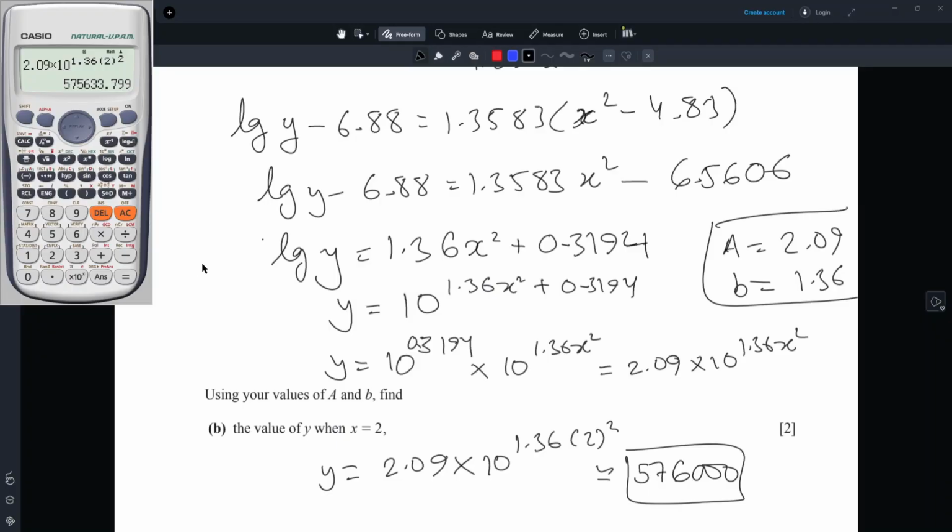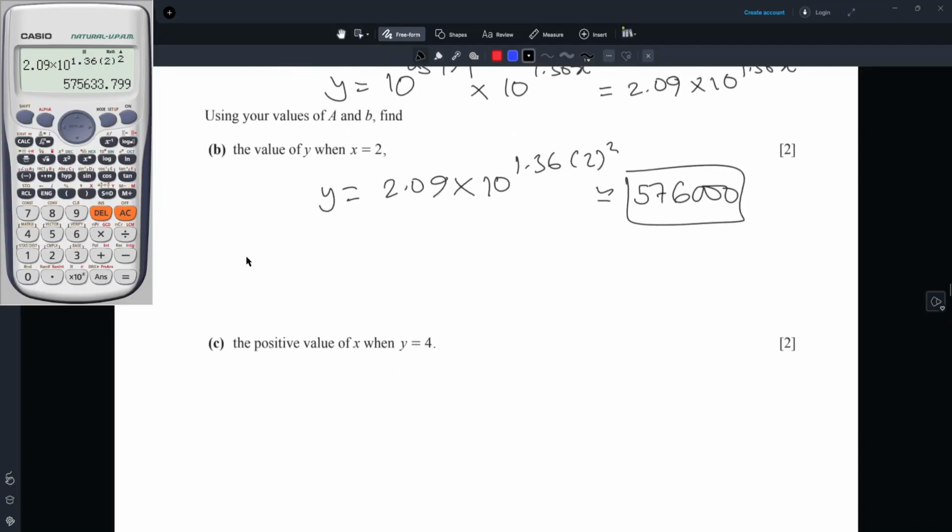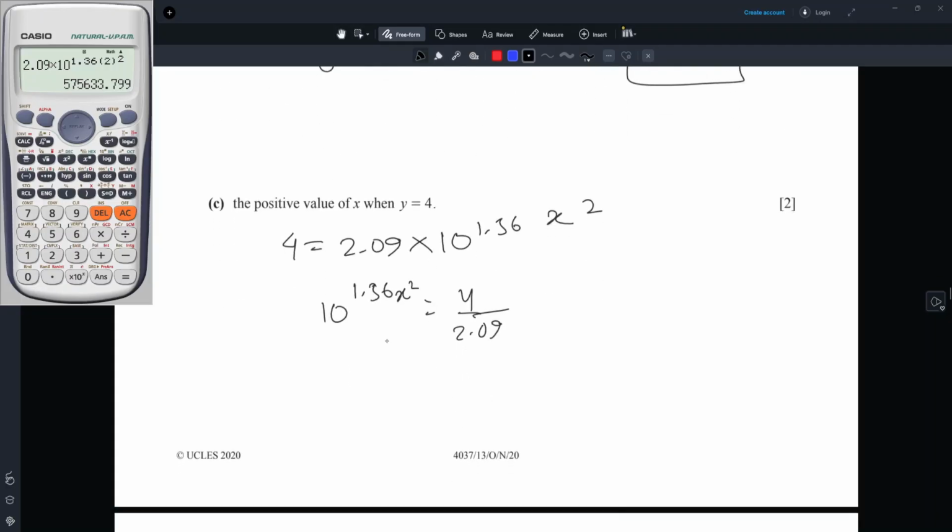Okay, next, the positive value of x when y equals 4. So I have 4 equals 2.09 times 10 to the power 1.36 x squared. So I get 10 to the power 1.36 x squared equals 4 over 2.09. Now you have to do the opposite thing. Exponent becomes logarithm. 1.36 x squared equals lg 4 over 2.09.